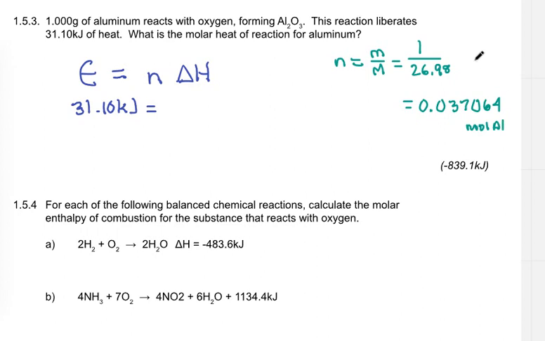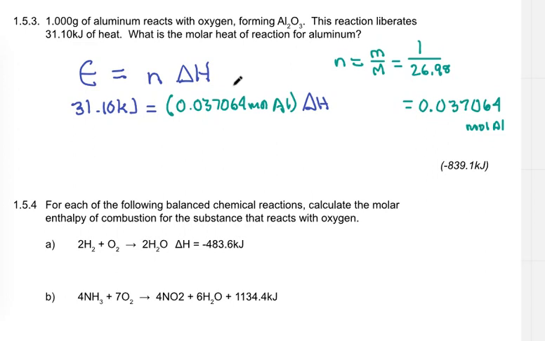Moles of aluminum would be our n. So that number goes here. 0.037064 moles of aluminum times a delta H we don't know. How do you get the delta H alone? Divide both sides by 0.037.